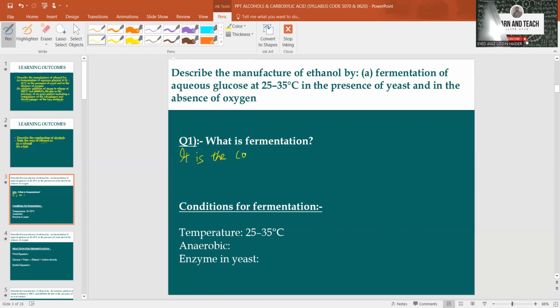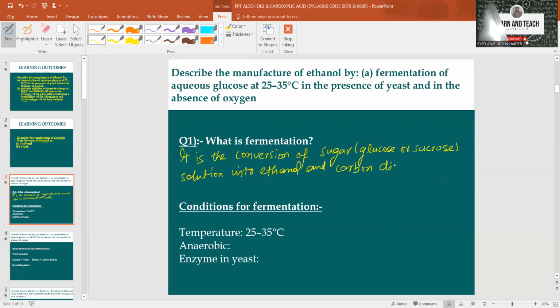So it is the conversion of sugar, glucose, or sucrose solution into ethanol and carbon dioxide, by the action of enzyme zymase found in yeast.